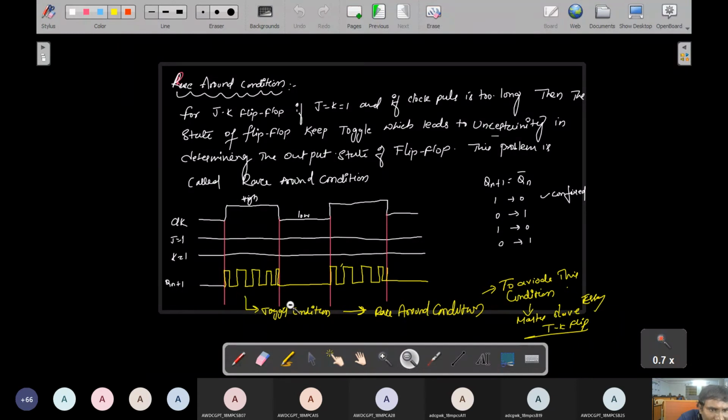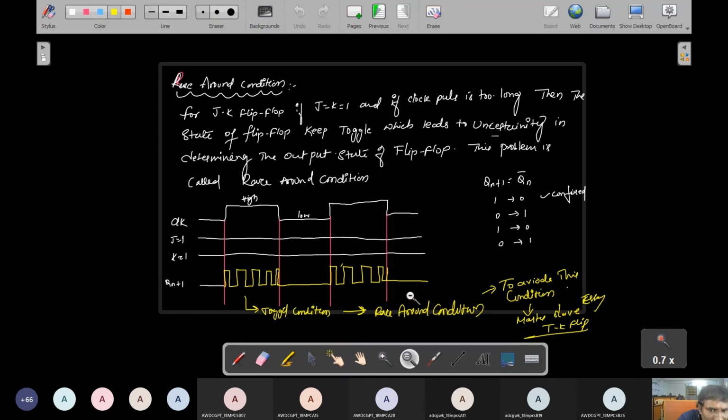Toggling means an up and down line, but it only toggles in between. Once the clock is low it does not show anything, but when the clock is high it shows continuous up and down cases. So it is an uncertainty state. So one uncertainty state was developed in JK flip flops when both inputs are equal to 1.